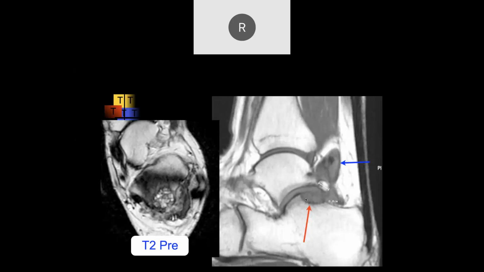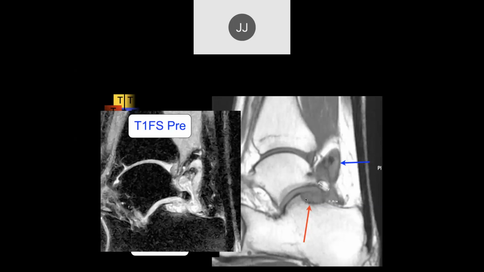I think when you see that, you start thinking a cancerous lesion, and that always bothers me when I see erosion in bone.